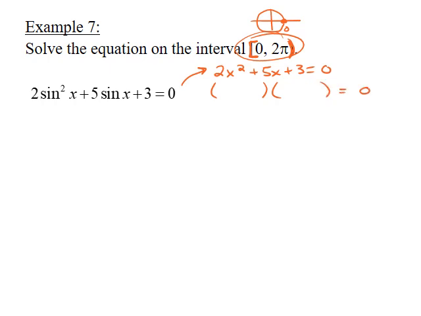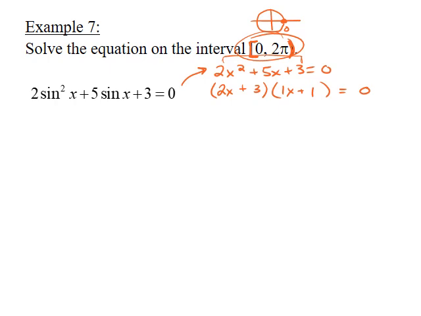So remember, you want factors of 6 in this case, because you multiply these. Factors of 6 that combine to be 5, and both factors are positive. So this is how it would factor.